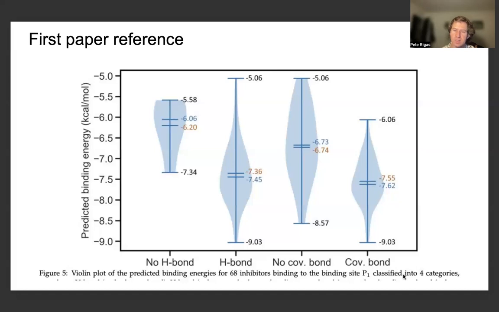In particular, we can see that there can be different types of structural differences that come into play depending upon whether there is a hydrogen bond or a covalent bond.